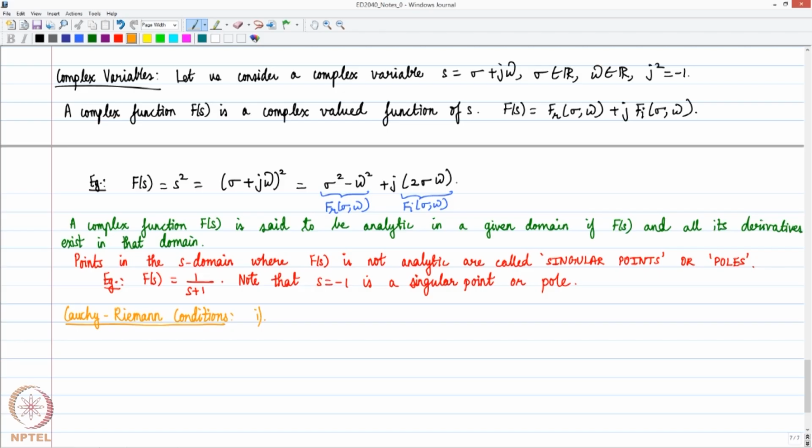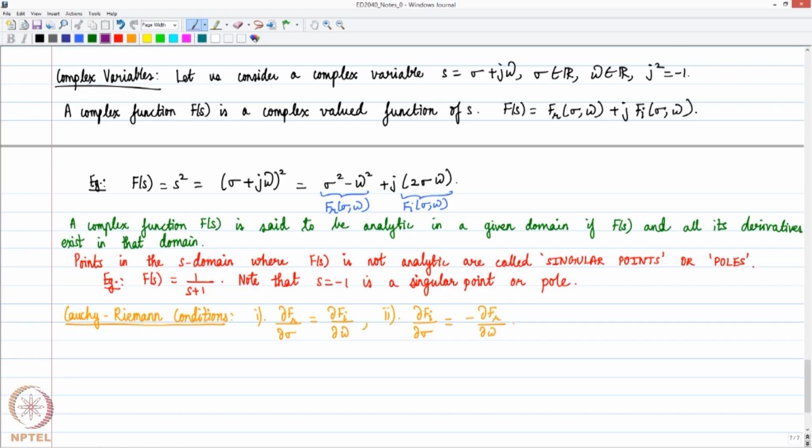The first condition is that the partial derivative of fr with respect to sigma should be equal to the partial derivative of fi with respect to omega. The second condition is that the partial derivative of fi with respect to sigma should be equal to the negative of the partial derivative of fr with respect to omega. Those are the two Cauchy-Riemann conditions.